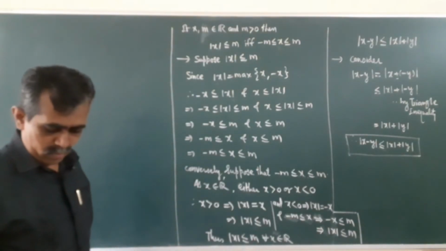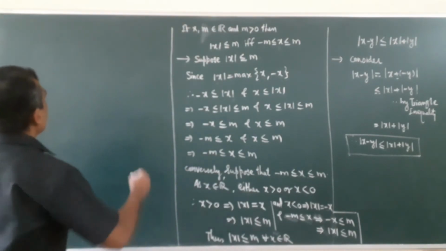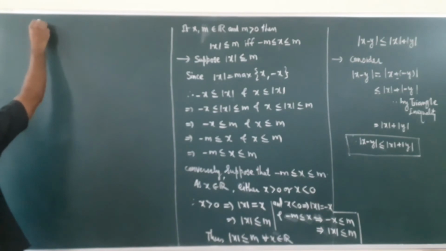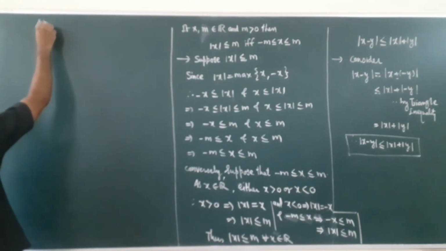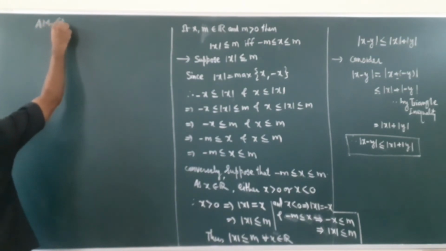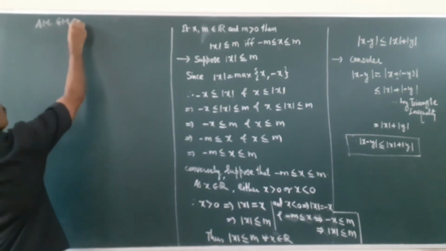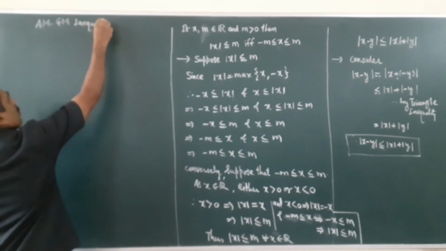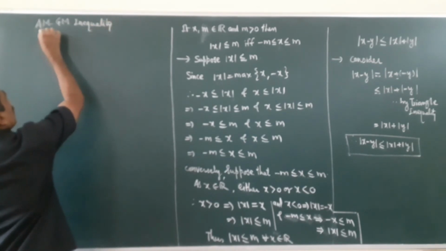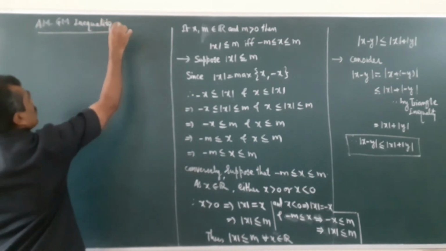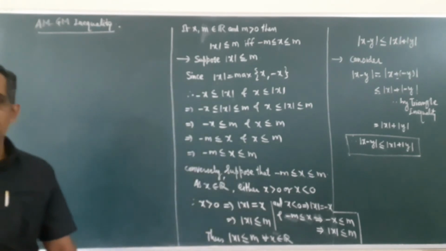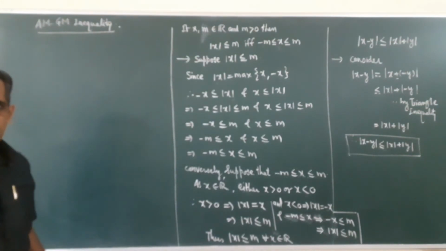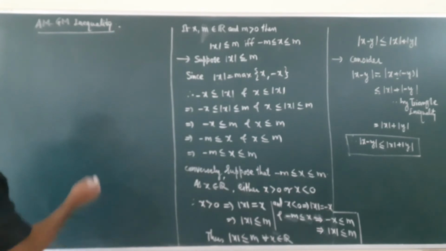Now, let us do some more things. Next article now: AM GM inequality. Arithmetic mean and geometric mean, you know, or we will define once again.